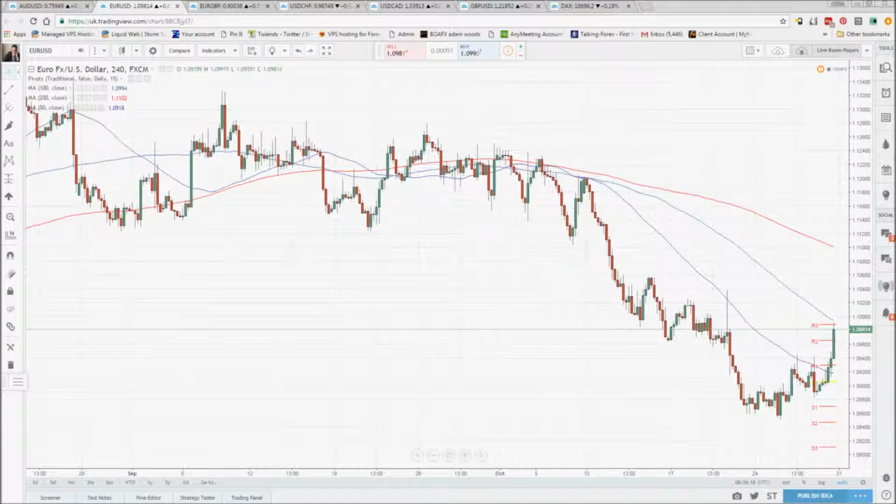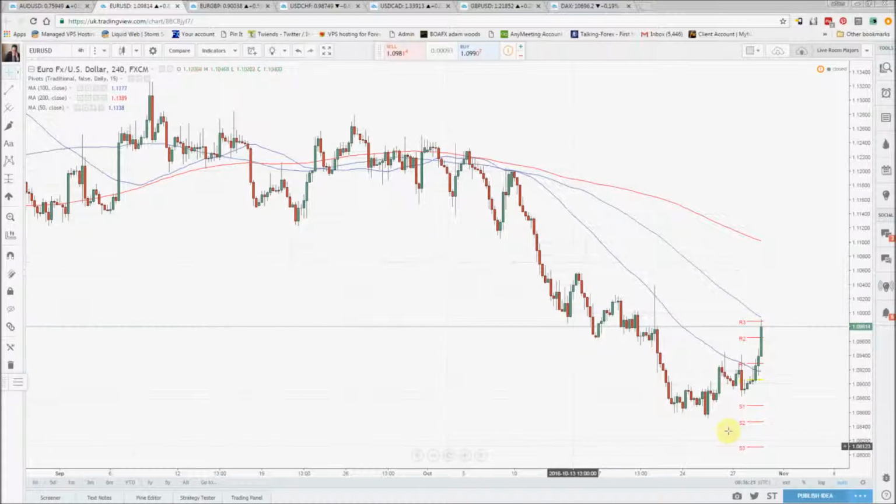Okay, we're going to start by recapping last week's video, which was looking to sell the euro US dollar from the higher pullback of around 1.2.